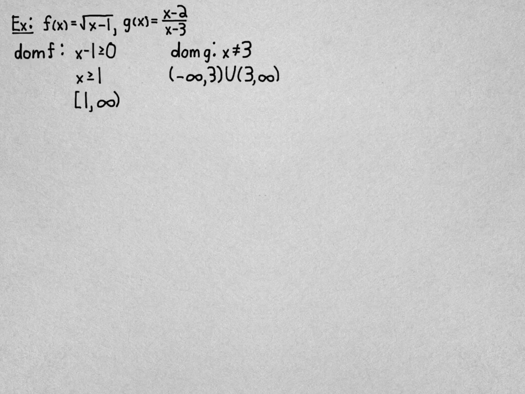And that in interval notation looks like this. It's just all real numbers except you've cut out 3 by putting parentheses in here and putting a union between. So if you graph these together, you have to use both restrictions. That's what it means to take the intersection of these.